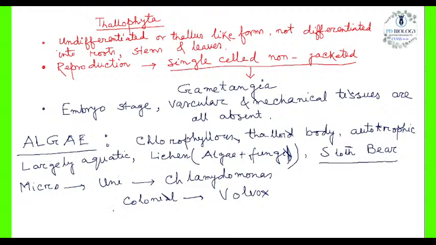Some are filamentous form, that is Spirogyra and Ulothrix.